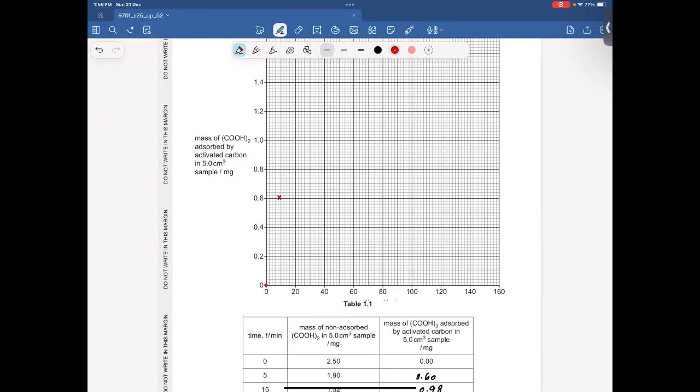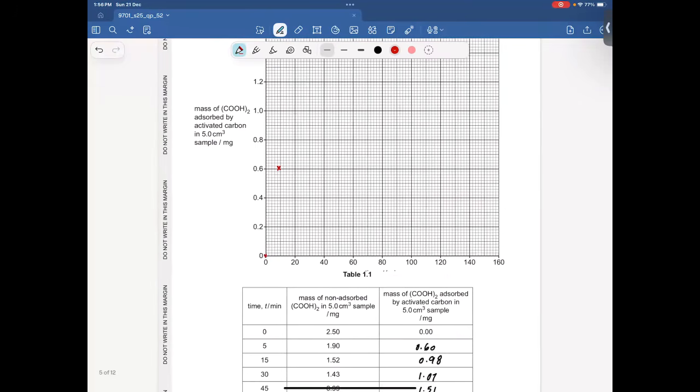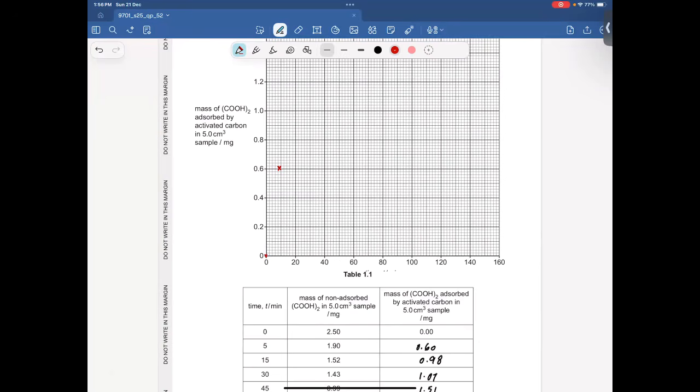Then at 15, 10, 12, 14, 16. It's very tough for me to plot the data.